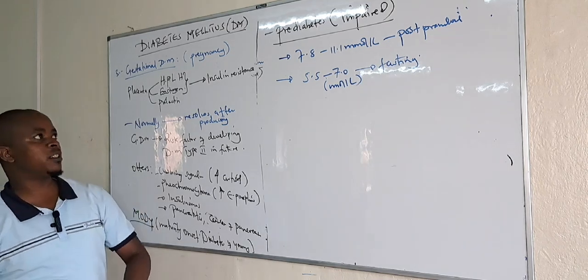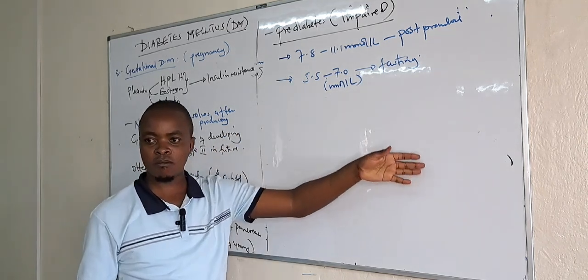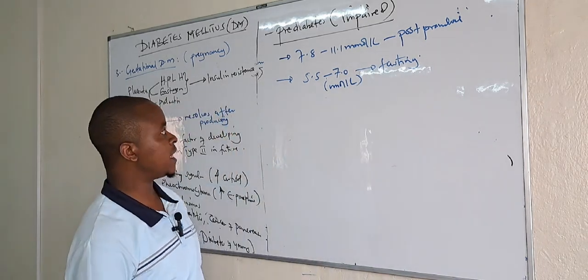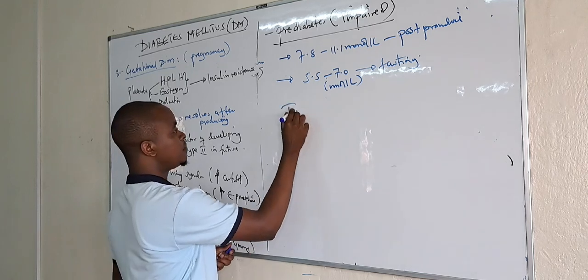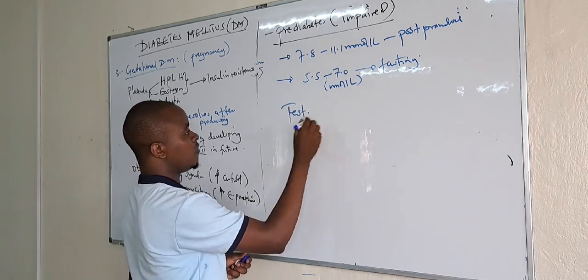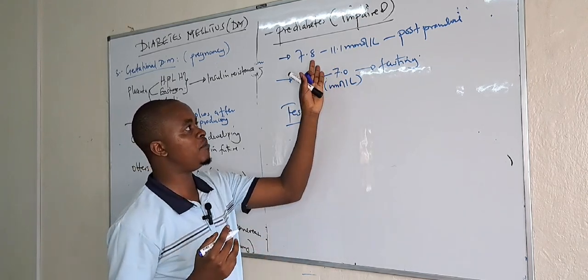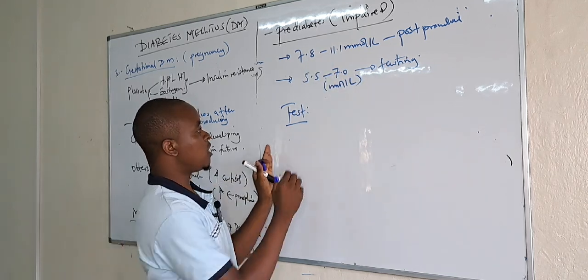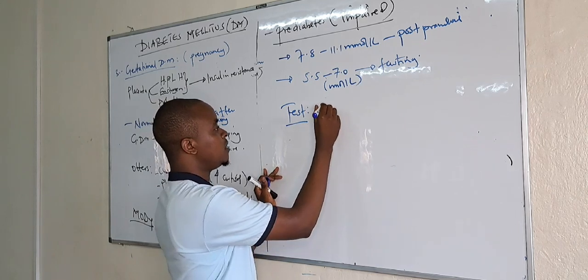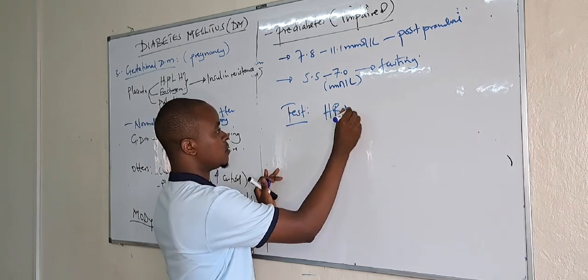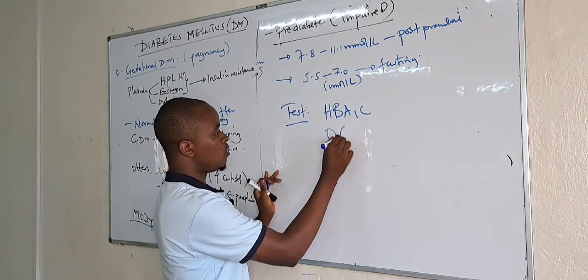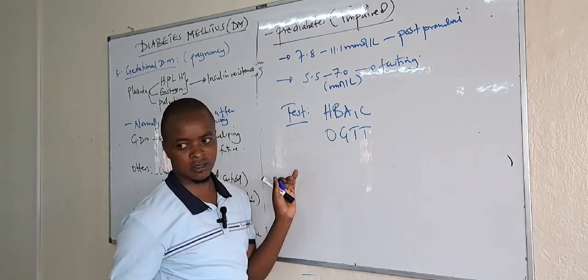So here you cannot declare someone diabetic, but you can do other tests like HbA1c. So when you do RBS or fasting sugar levels and find this range, you can suggest other tests like HbA1c, or what we call the oral glucose tolerance test.